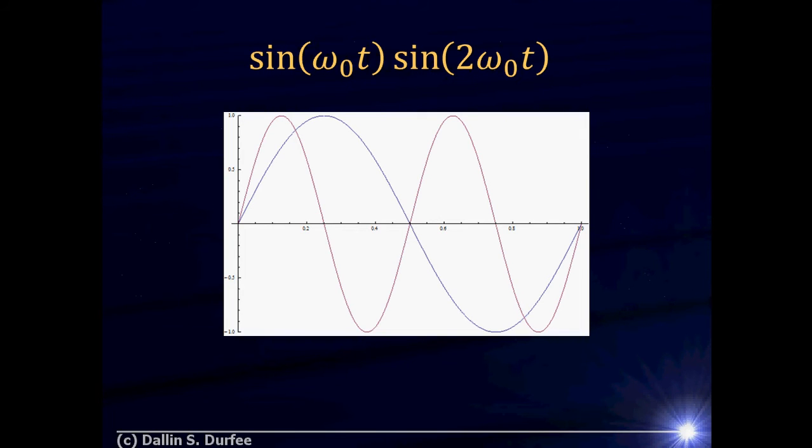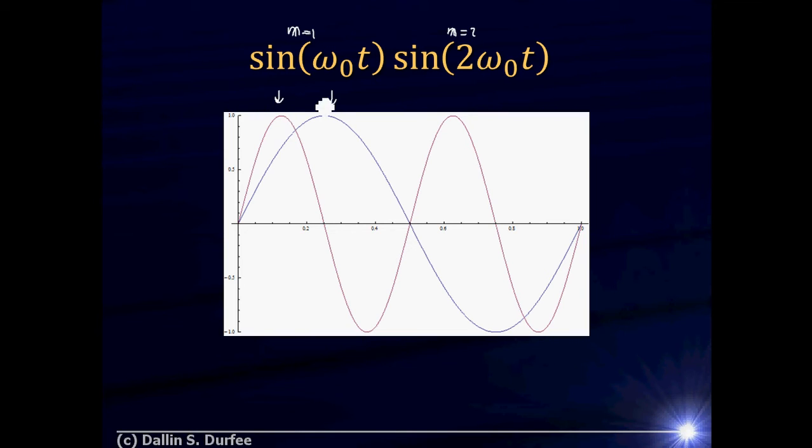So if I take, for example, this is my n equals 1 and my n equals 2. If I multiply sine of omega naught t times sine of 2 omega naught t, sine of omega naught t is the blue curve, sine of 2 omega naught t is the purple curve, all right?